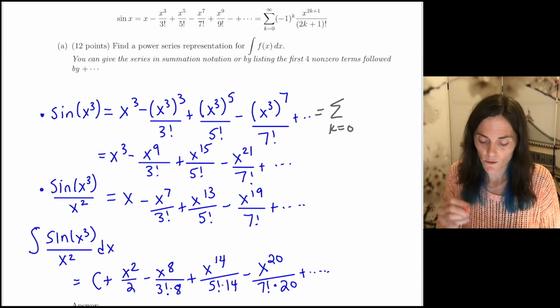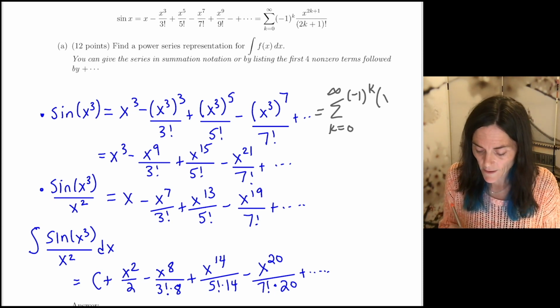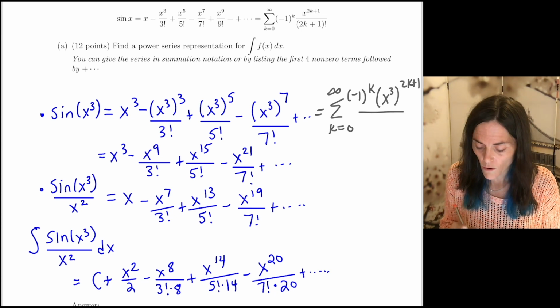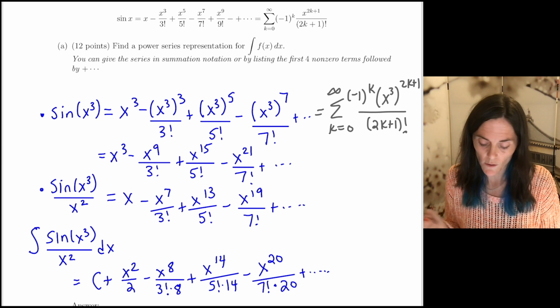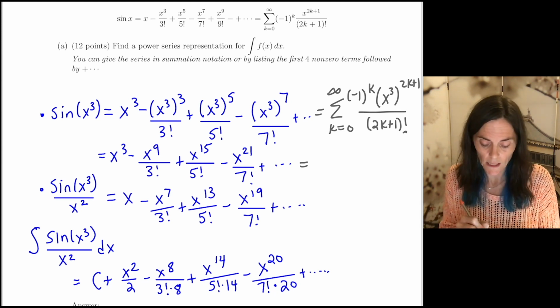Let's look at the summation notation here. This is -1 to the k. The first step is still composition. So we have x cubed to the 2k plus 1 over 2k plus 1 factorial. But then you see we need to simplify it. And that is just like we did here. Power to a power, we multiply.